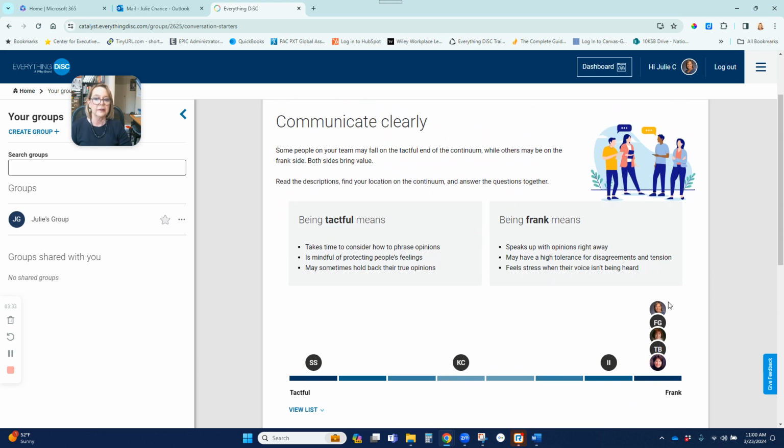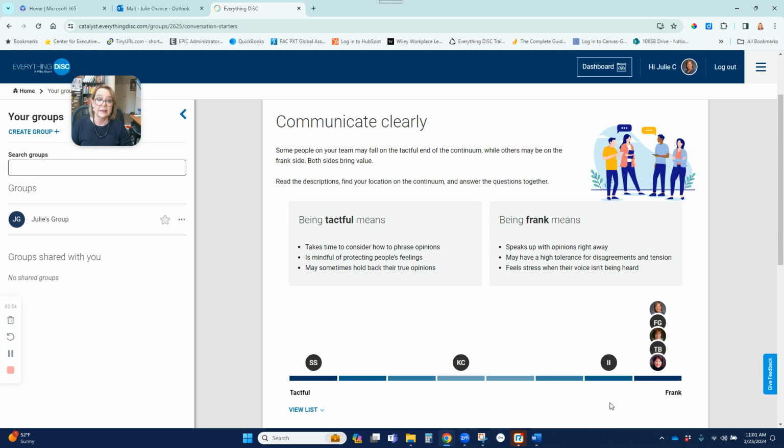is Communicate Clearly. And we can see that the 2 endpoints are tactful, which means take time to think about and consider how to phrase things, be mindful of protecting feelings, and sometimes people who are tactful may hold back sharing their true opinions.